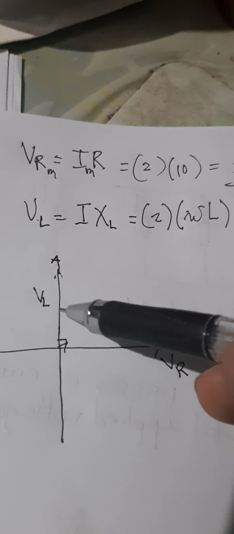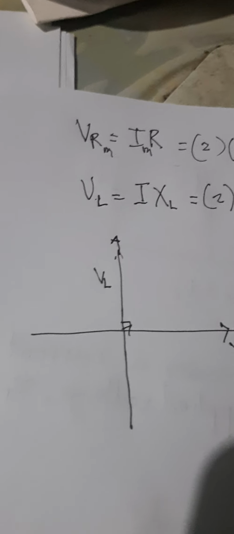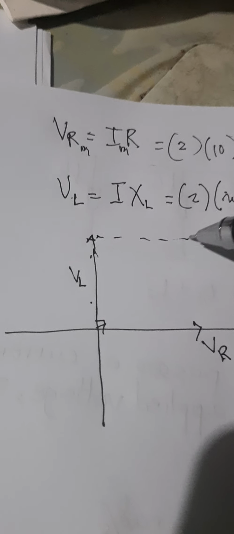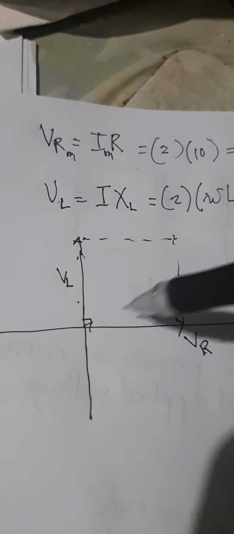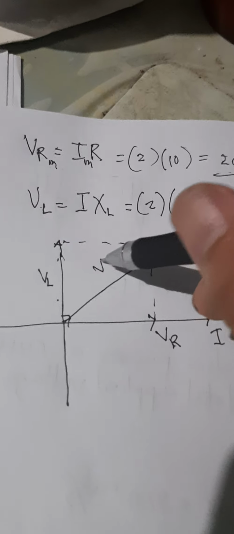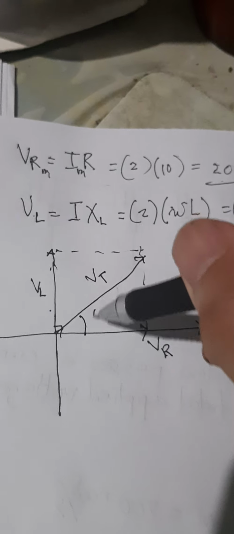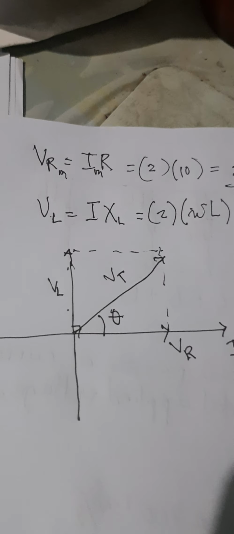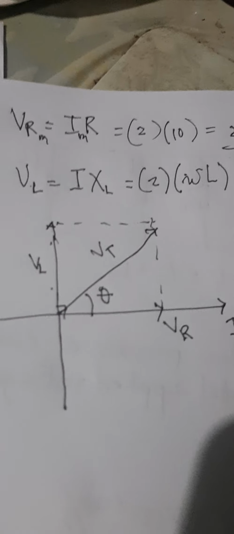Okay, mas ahead yung voltage ng 90 degrees. Kaya ito yung voltage sa resistor, ito yung voltage sa inductor. Okay, pag inadd natin sila, ito yun. Ito yung total voltage. Ito yung phase difference between the total voltage and the current.